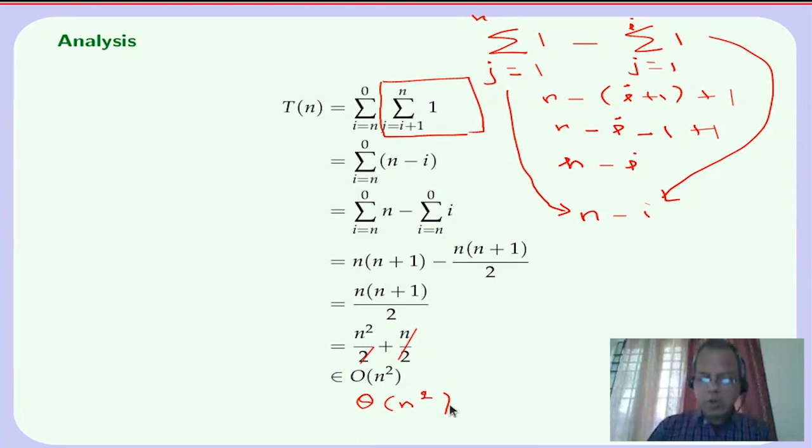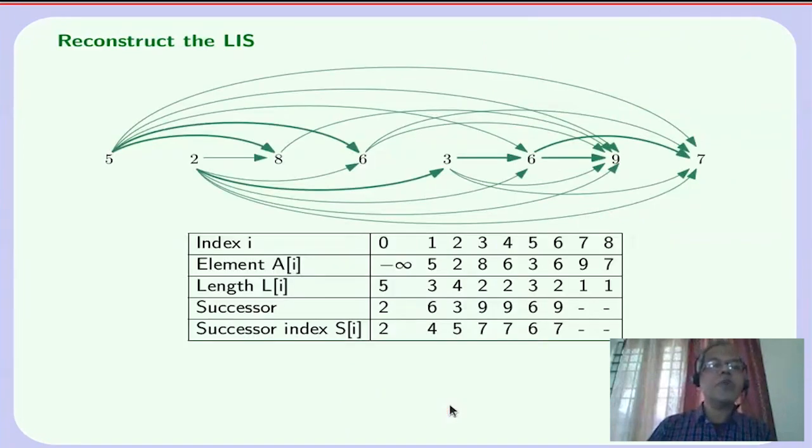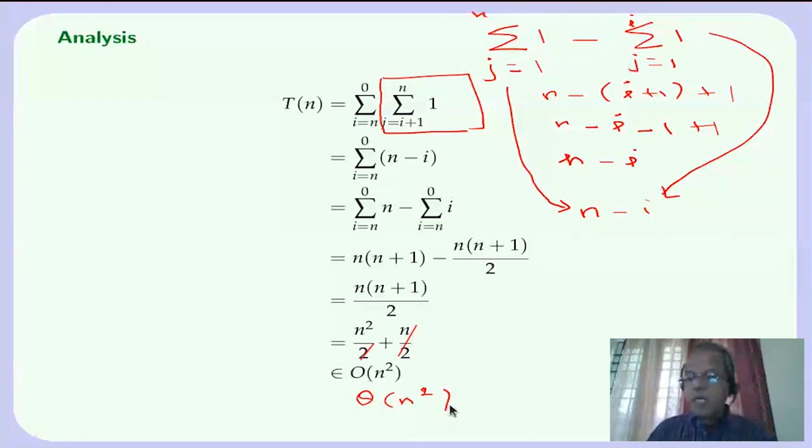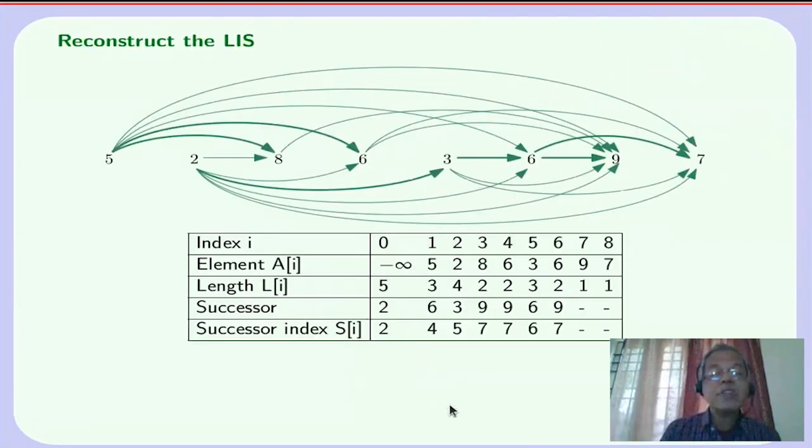There is a little more problem left, but I will not explain that. I will just leave it to you. What we have calculated now is only the length of the LIS. Suppose I am interested not merely in the length of the longest increasing subsequence, but in the subsequence itself. Then you have to slightly change the problem.